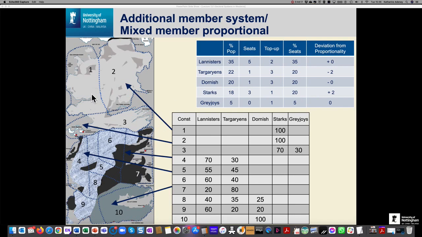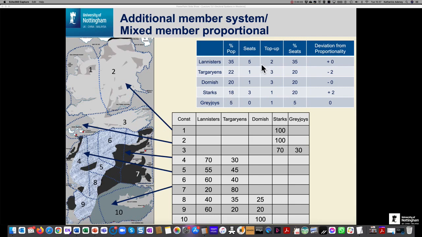Let's look at the Starks. They receive 3 constituencies, 1, 2 and 3, so they get 3 seats. And then they receive 1 additional seat in the second ballot to bring their seats up to 20% in the Parliament. And you can see this overall leads to a nearly proportional outcome. So the Starks are slightly overrepresented according to their population.